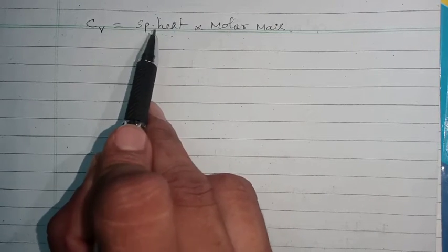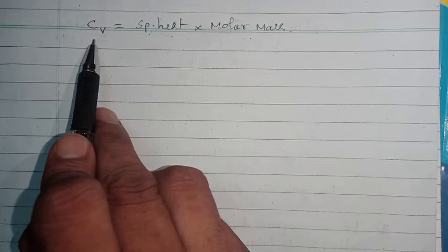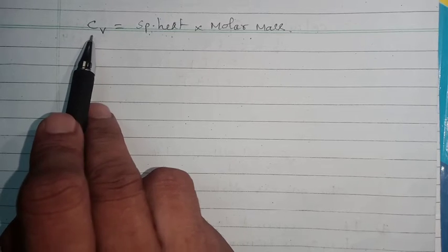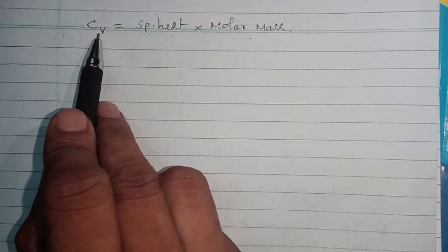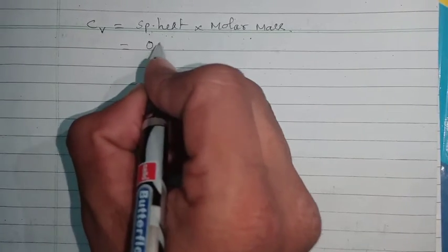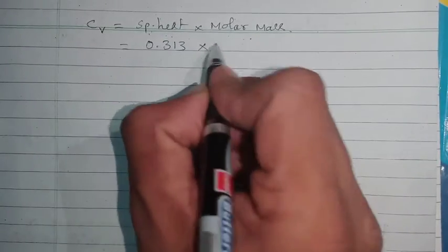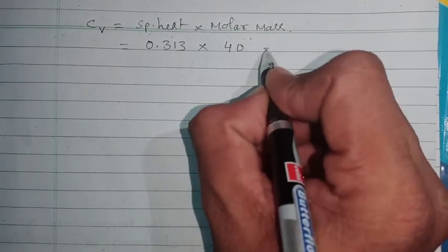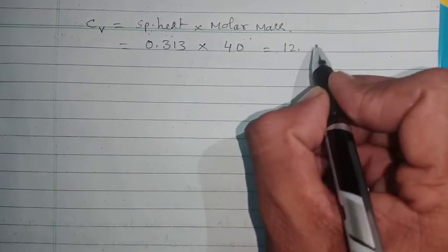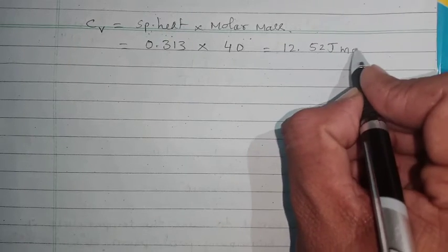Whenever we multiply this specific heat with molar mass, we get the heat content, or specific heat of a gas at constant volume. So we multiply 0.313 joules into the molar mass, 40, and we get 12.52 joules per mole.